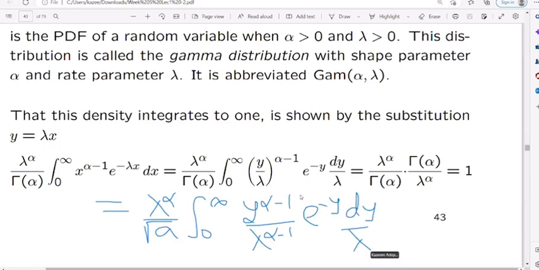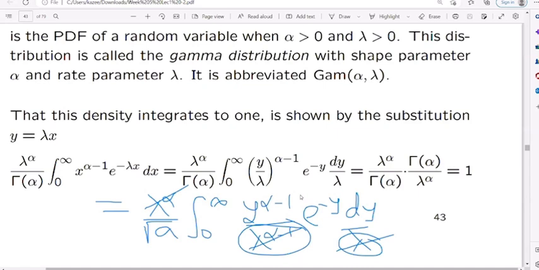Now when you take a look at this guy and this guy, that would be lambda raised to the power alpha if you combine them. And that will cancel this guy here. They will all cancel out. When they cancel out, what do you have?